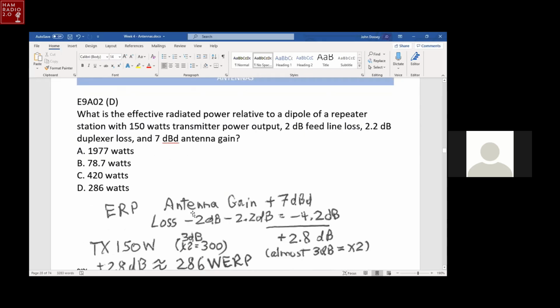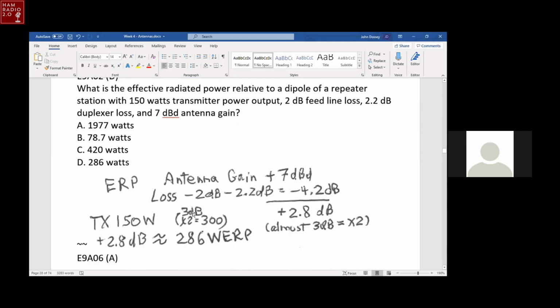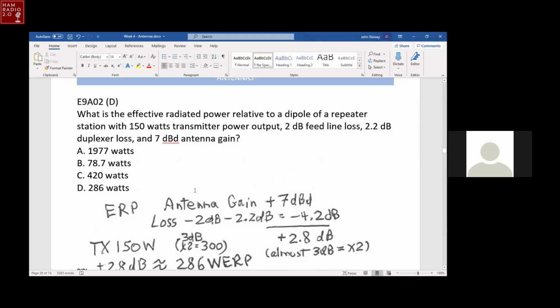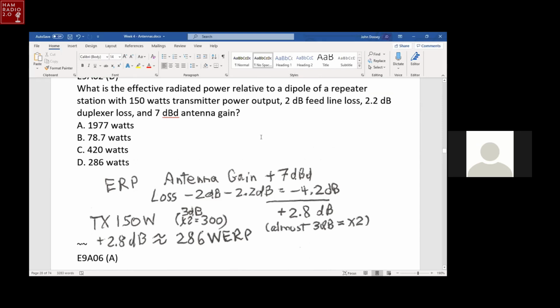Okay, now what are we going to do with all that? The question is, what is the effective radiated power relative to a dipole of a repeater with 150 watts transmitter power and some losses? 2 dB feed line loss, 2.2 dB duplexer loss.